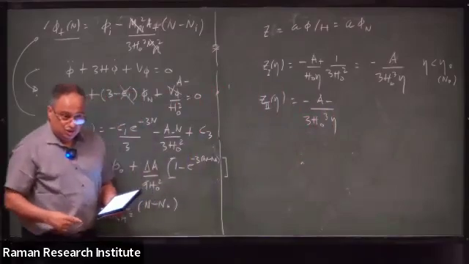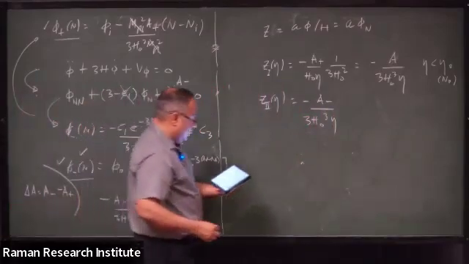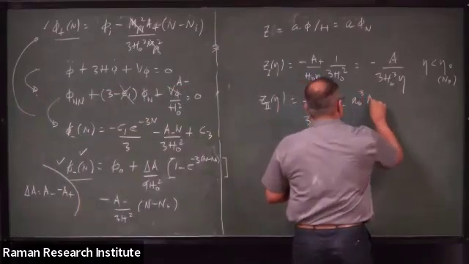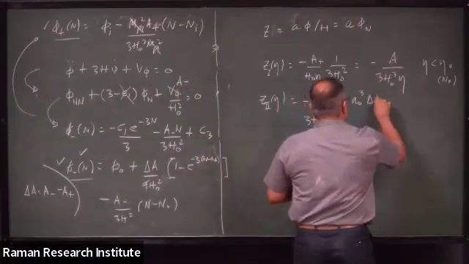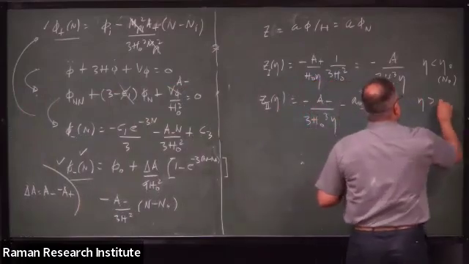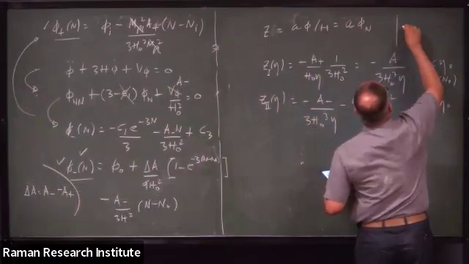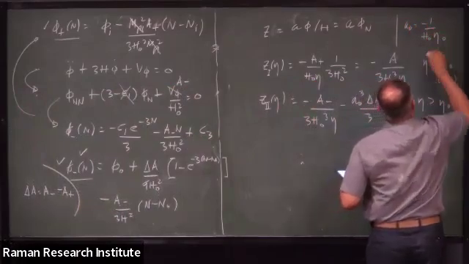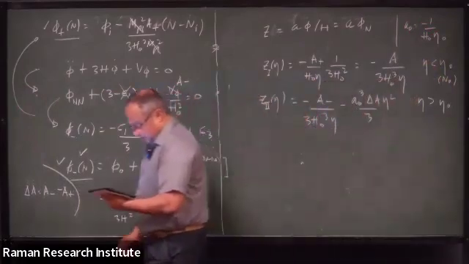This is the slow roll result, right? And then there is this factor, A naught cubed, delta A eta squared by 3 for eta greater than eta naught. And we have defined A naught equal to minus 1 over H naught eta naught. That's what this A naught is.